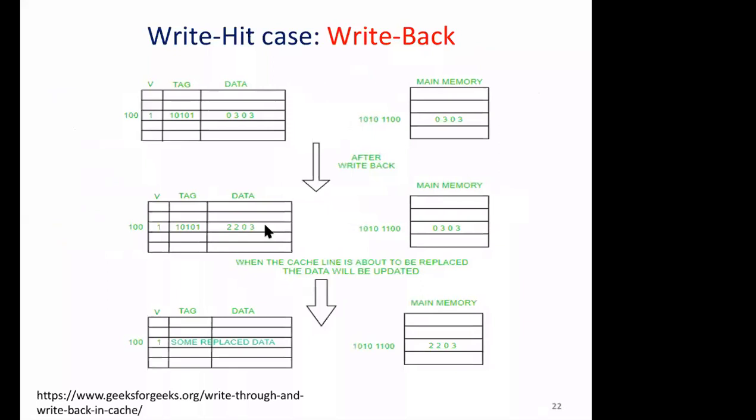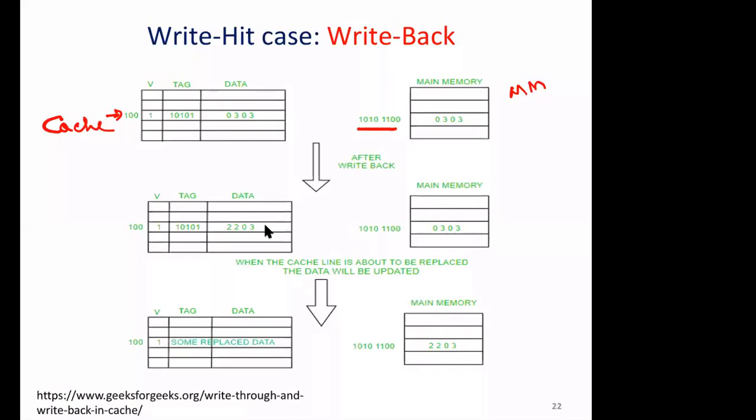All right, so let's look at this example. On the left side we have cache, on the right side we have main memory. This particular index we are looking into, because the address is 10101100.